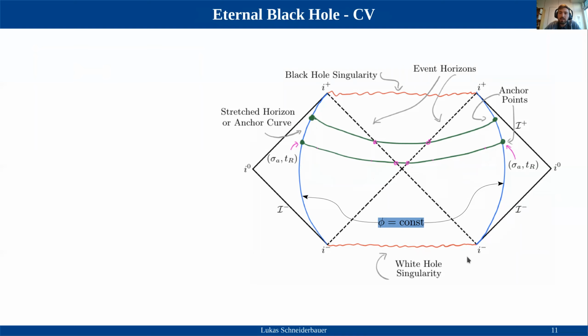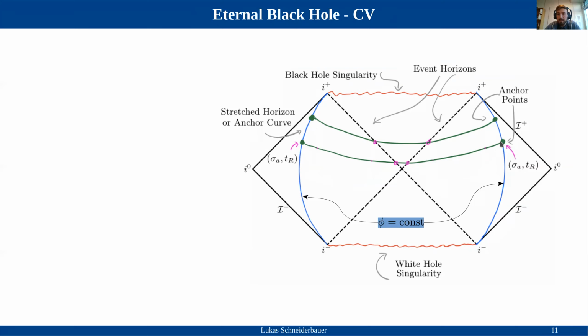And now what this CV proposal actually tells us is that we should draw some anchor lines somewhere in the space. We have here one on the right side, and for convenience in our calculation, we choose anchor lines where the dilaton is constant. It also instructs us to draw an anchor line on the opposite side.